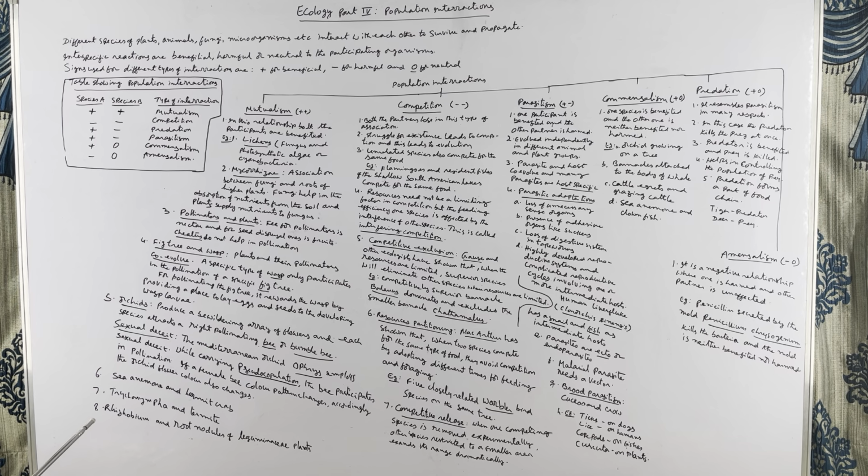And in return, the fig tree provides a place for laying eggs for the wasp. And for developing wasp embryos or larvae, the fig tree offers some of the developing seeds. In this way, the fig tree gets cross-pollinated and the wasp finds a place to lay eggs, and the larvae receive food from the growing seeds of the fig tree.